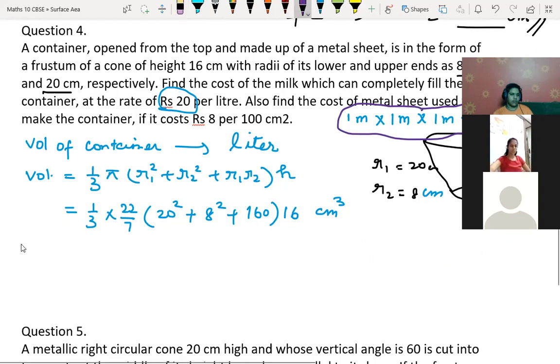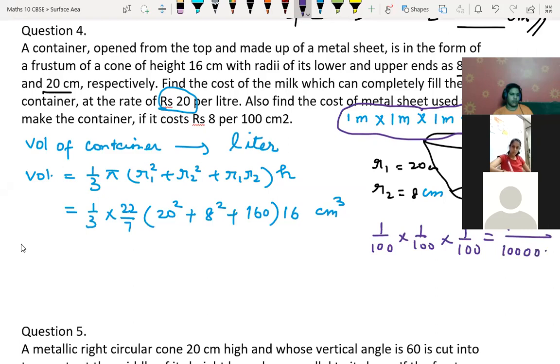If you divide here, you're converting to centimeter, so 1 by 100 into 1 by 100 into 1 by 100. So this much centimeter cube is equal to 1 by 1000. Let me check once what is given here.